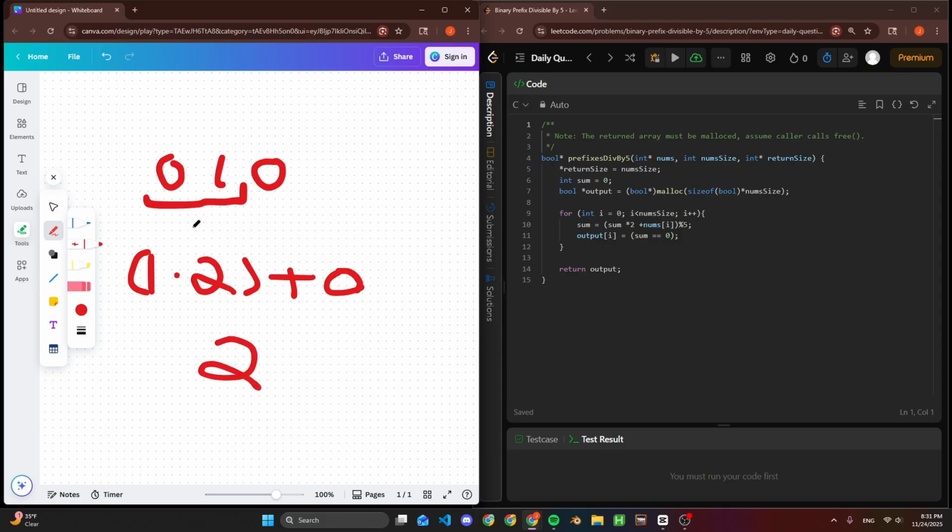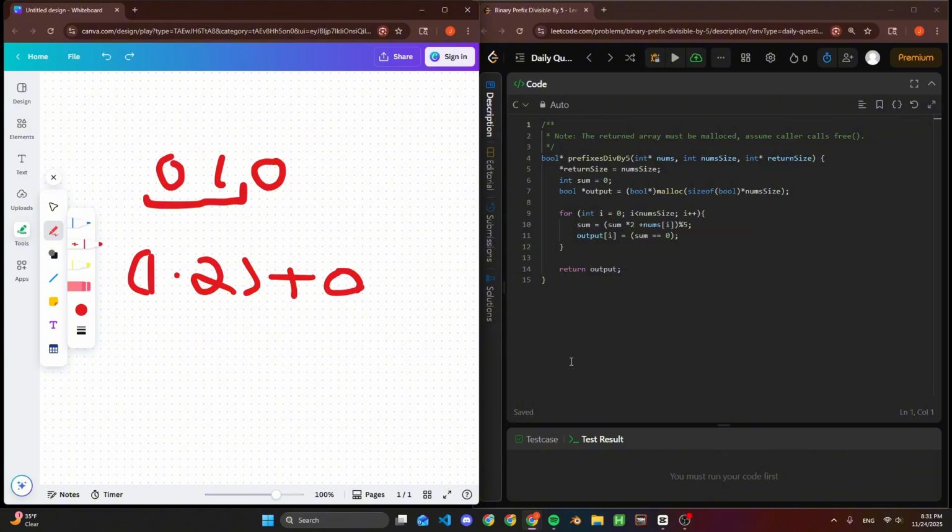And it works because it shifts the binary number to the left, and every time you shift it in binary, you multiply by 2. So right here it's 2 to the power of 0, then 2 to the power of 1, then 2 to the power of 2. You're just multiplying by 2 each time.